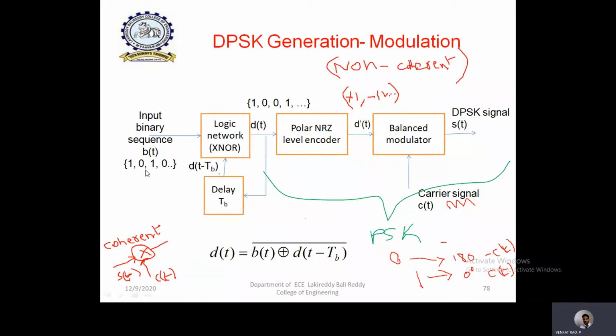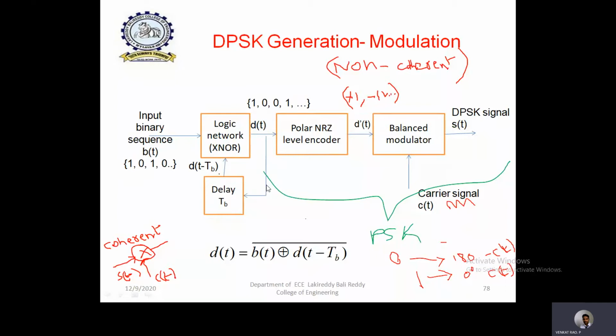One XNOR gate input is the input binary data, and the other input is the delayed version, or previous value, of the output. For example, here 0 is generated at this moment. Then what is the value here? The previous value of 0, that is 1, is coming here. So all the previous values are generated as the other input, and the present input values are on these two inputs.